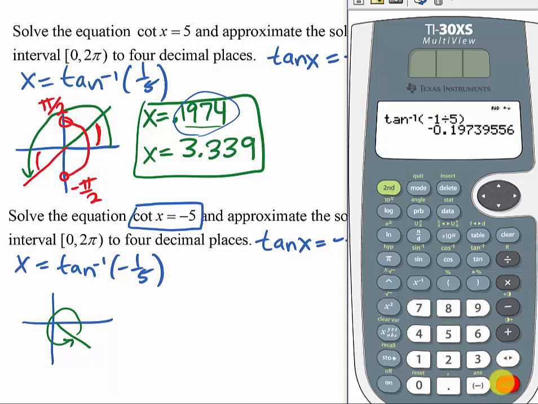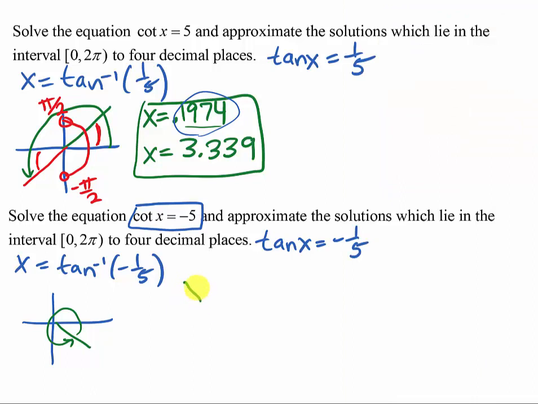And as expected, there's the negative of the same kind of thing we got when we did the positive one. Now we're going to add 2 pi to that so that we get a coterminal angle in quadrant 4 that's between 0 and 2 pi. And it looks like it's 6.0858.